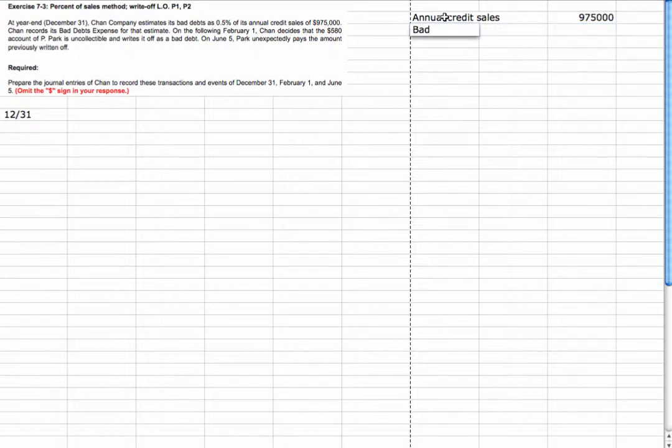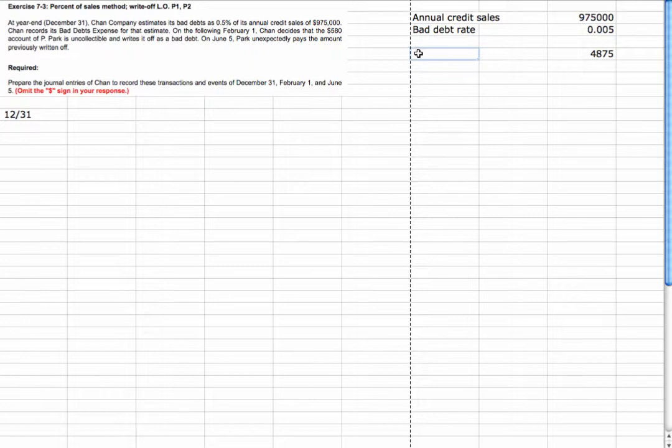Our bad debt rate is 0.5%. So if I do the math and I take 975,000 times 0.005, I get 4,875. Now what we just said is if we multiply our bad debt rate against the credit sales, we are doing the income statement approach to determining bad debt expense.